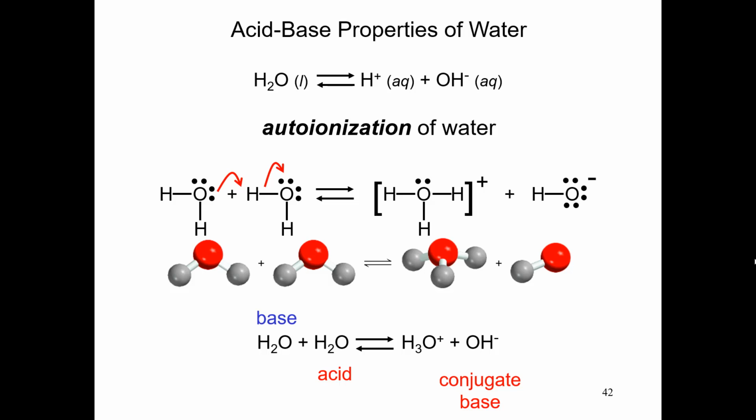The other molecule of water would act as the base. It receives a proton from the second water molecule and produces hydronium ions, which would then be the conjugate acid. So we can treat the autoionization of water the same as we would with any other weak acid.